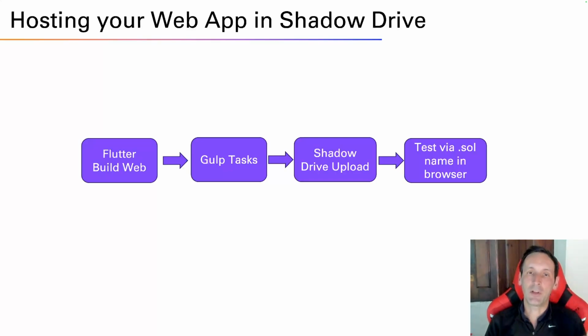It doesn't have to be Flutter, but in my case, because most of the code is in Dart, flutter build web is the command line that you use to compile the Dart code into JavaScript. I already had some native JavaScript in that code because of the integration with the Phantom wallet.